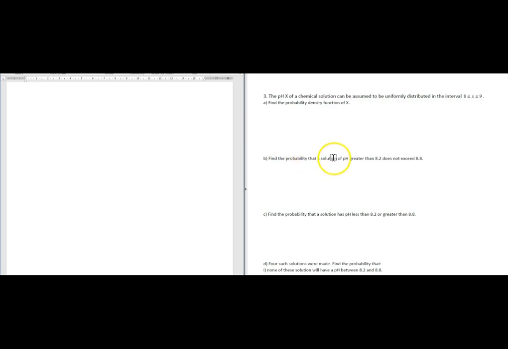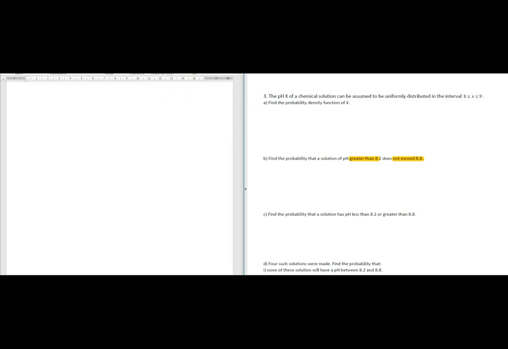Out of the condition, how many satisfy the second case? So from this question, we know greater than 8.2 must happen first, and then out of the greater than 8.2, how many actually do not exceed 8.8?